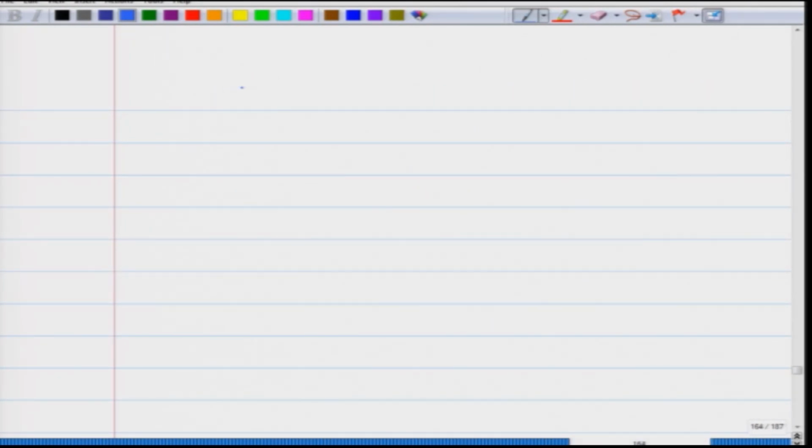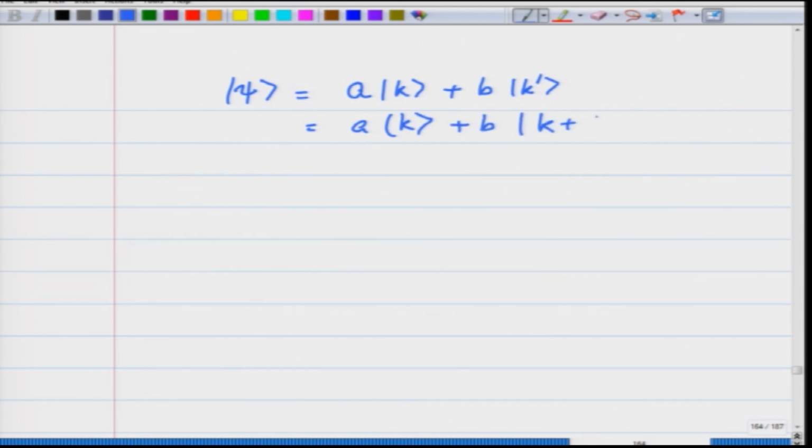So, I make a linear combination psi which is equal to some constant A|k> plus B|k prime>, and let me write this as A|k> plus B|k+G>, I know k prime is k plus G for some G. G could be 2 pi by a, minus 2 pi by a, wherever the degeneracy is there.